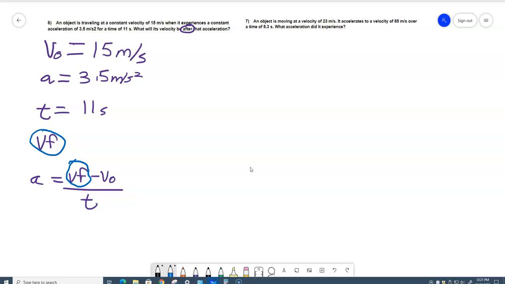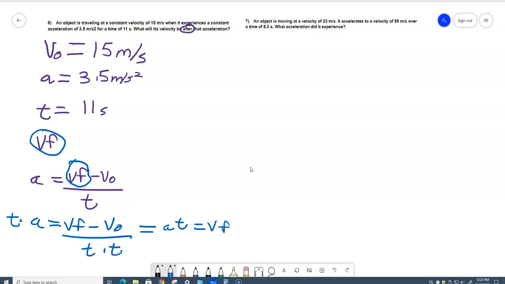A equals V final minus V naught over time, so I'm going to multiply by time on both sides. That gives me A times T equals V final minus V naught.